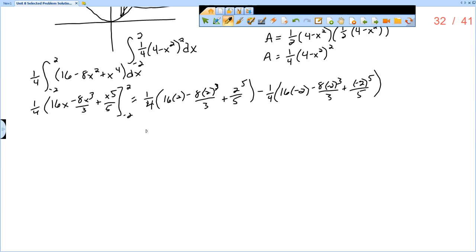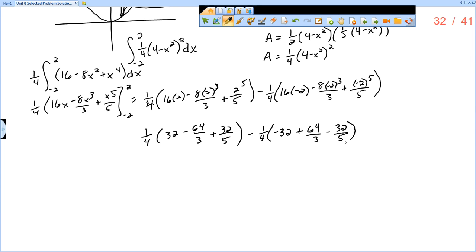So we've got 1/4 times 32 minus 8 times 8, which is 64 thirds, plus 32 fifths, and then minus 1/4 times negative 32 plus 64 thirds minus 32 fifths.